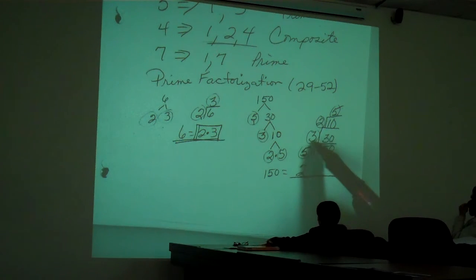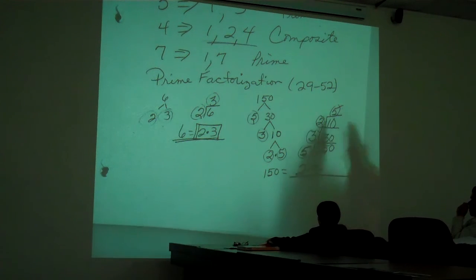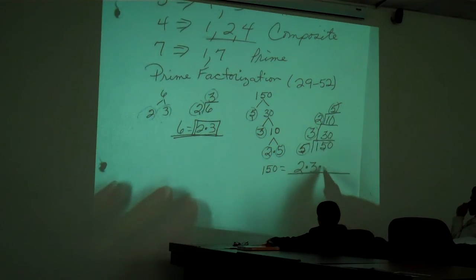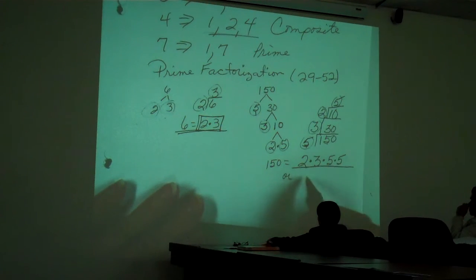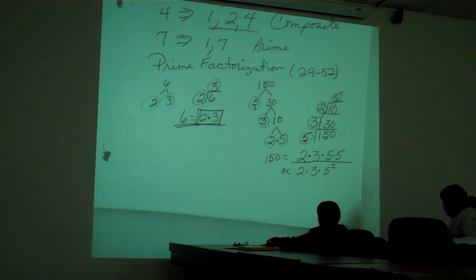Then the 3. And then you have 2 5s. You could write 5 times 5, or you could write it with exponents. The 5 you could write as 5 squared, because that's 2 times. If there was 3 of them, you could have put an exponent of 3.